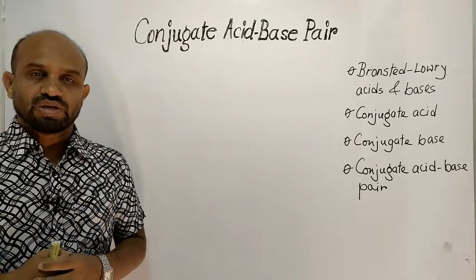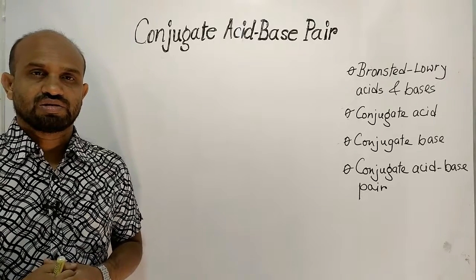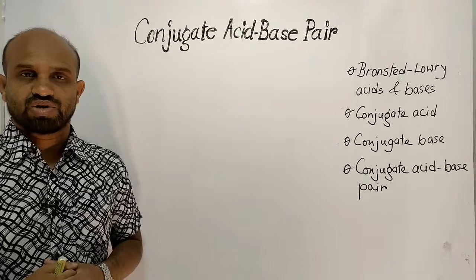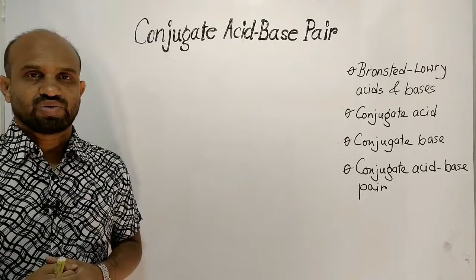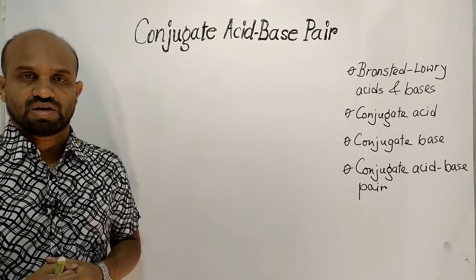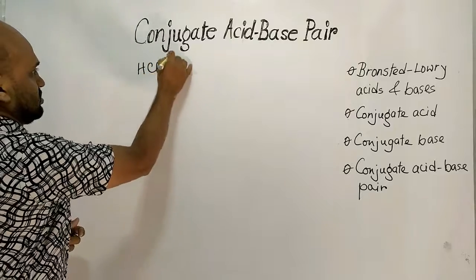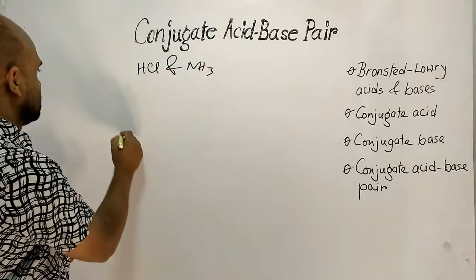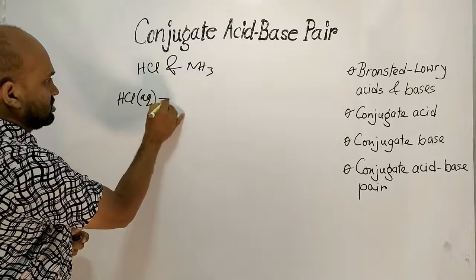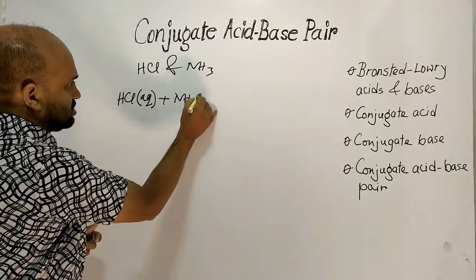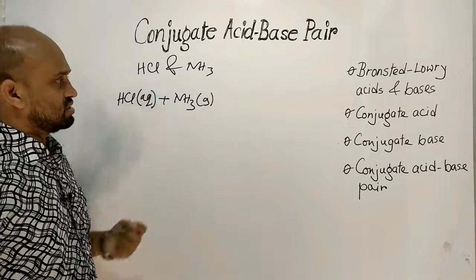Now let's see some reactions to understand this. First of all, let's see a reaction between hydrochloric acid and ammonia. This is hydrochloric acid and this is ammonia, which is gaseous in state.